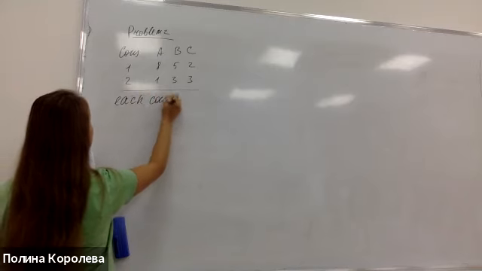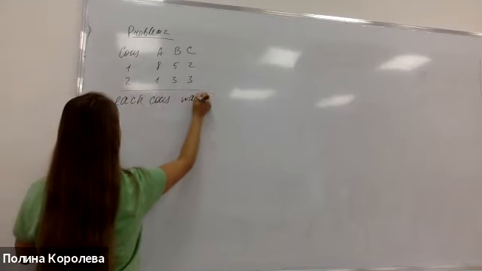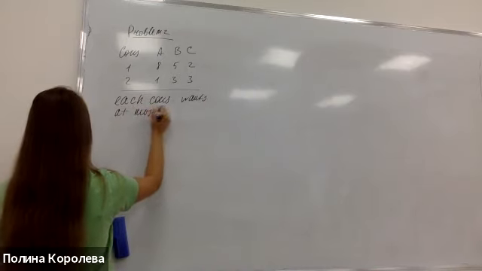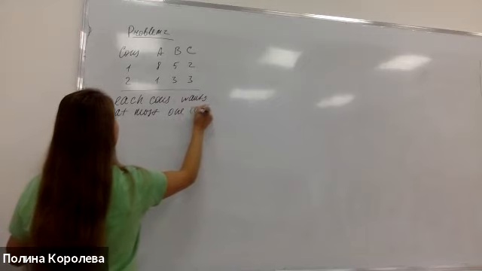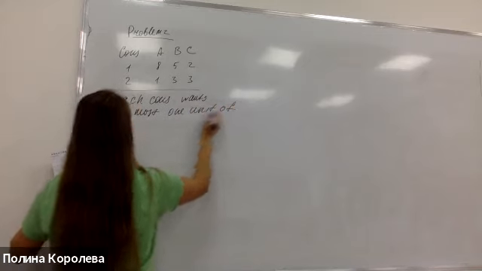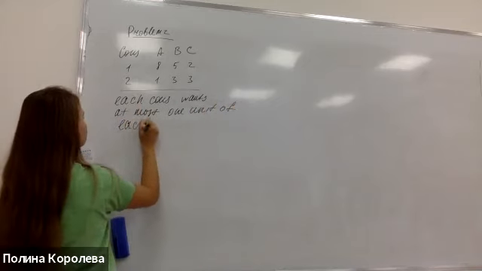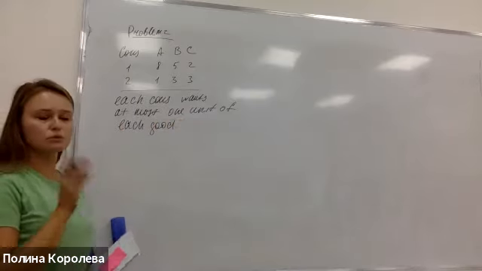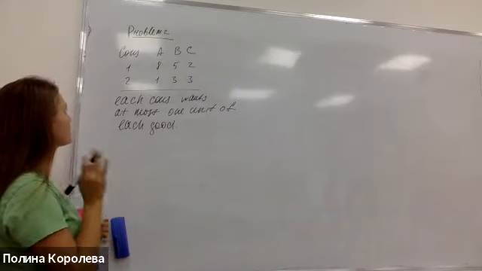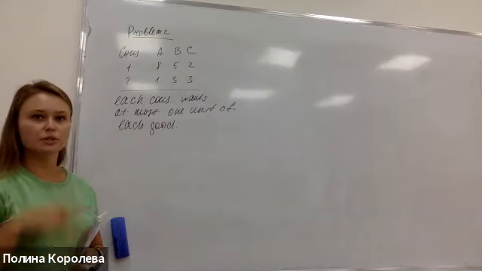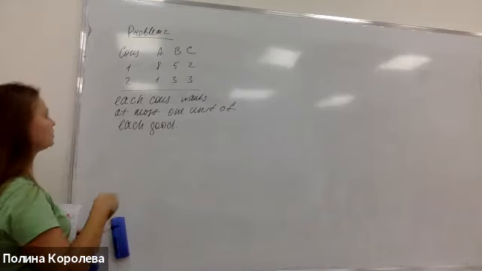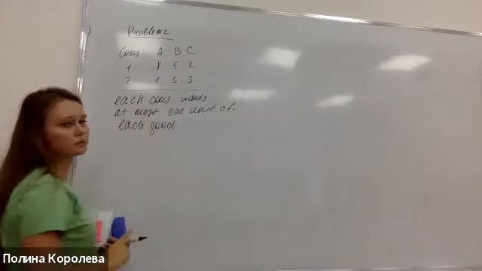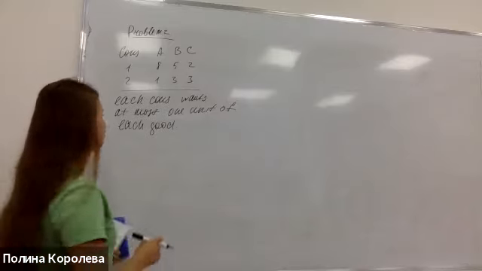Each consumer wants at most 1 unit of each good. So we cannot sell two goods A to the first consumer. We can sell only one A, one B, one C to the first consumer, and for the second, the same.